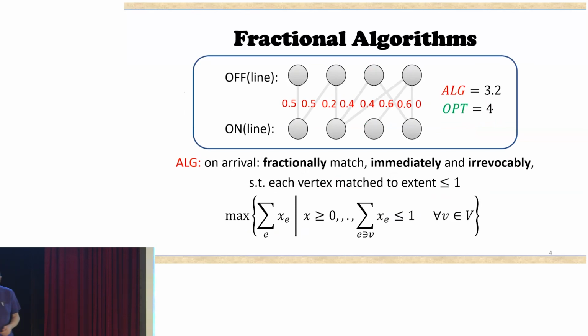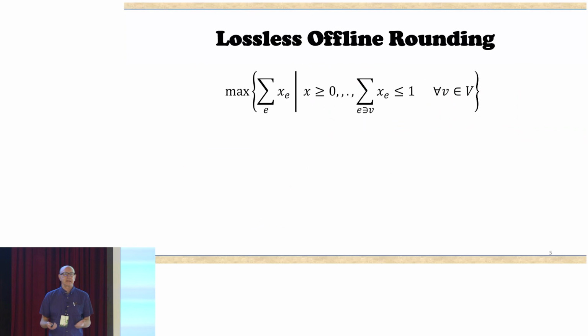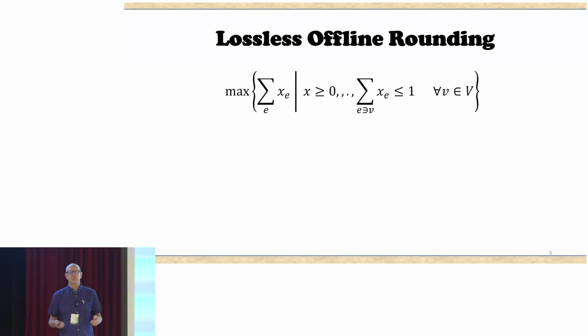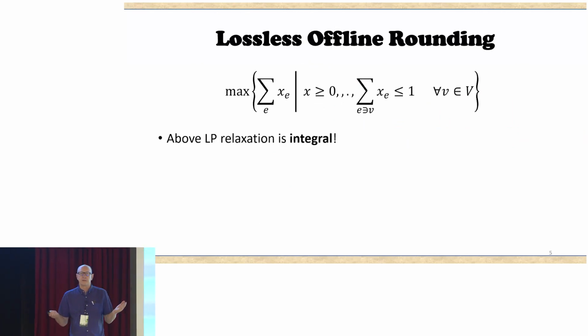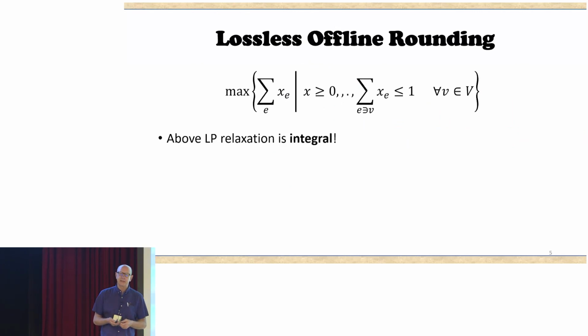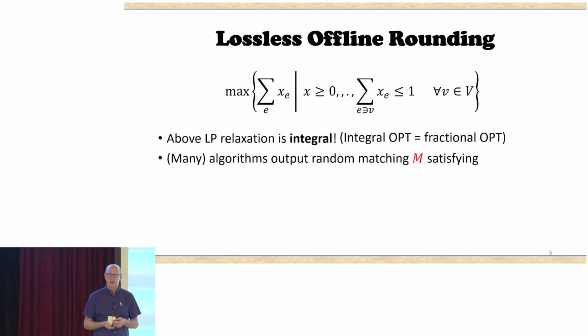Let's look at this fractional relaxation, this polytope. What properties does it have? Well, this is the well-known property: this LP relaxation is integral, so the integral OPT is equal to the fractional OPT. Now, suppose we're given a fractional point in this polytope.